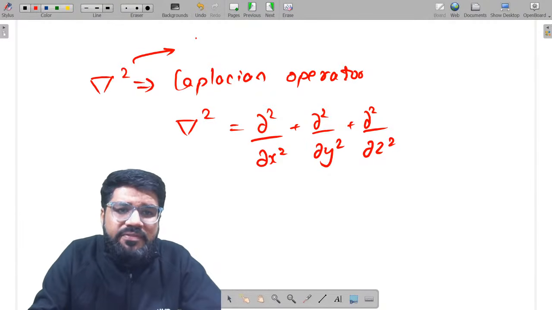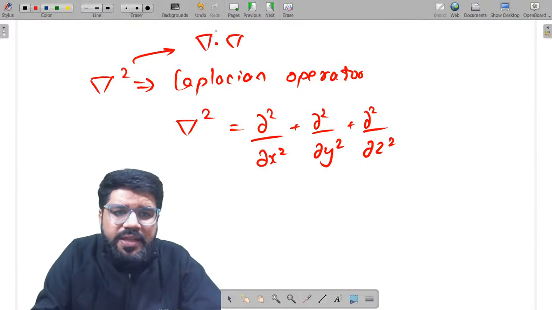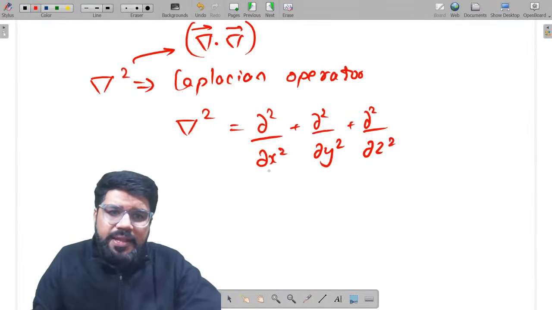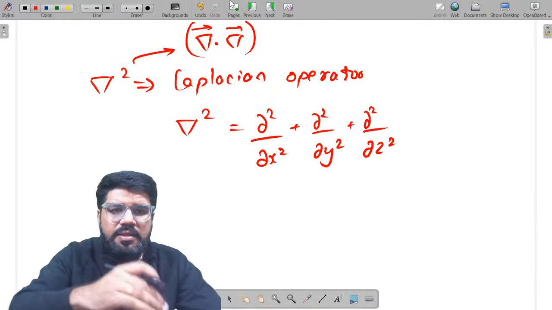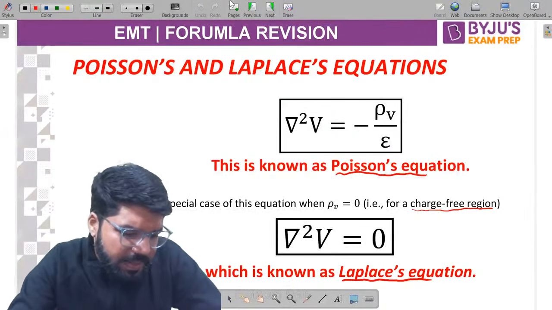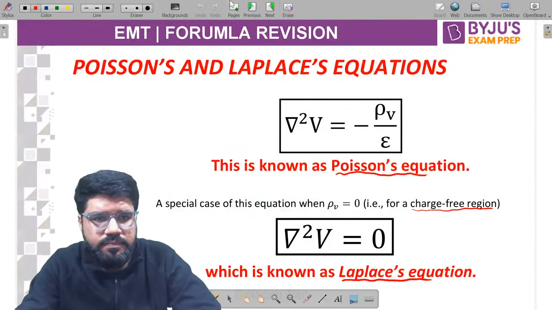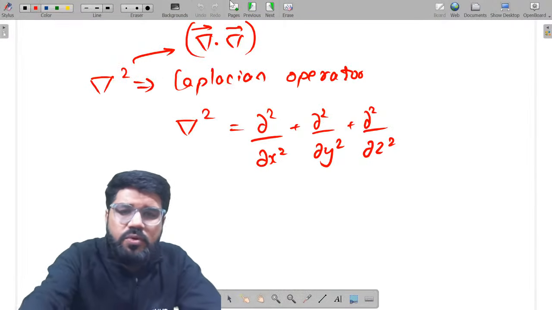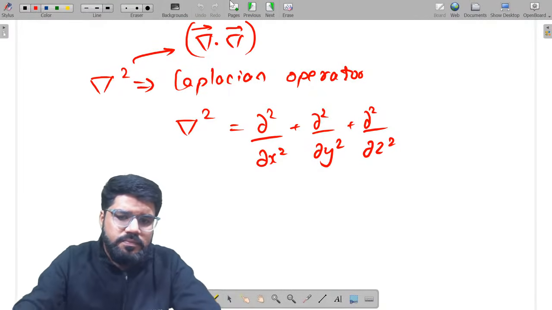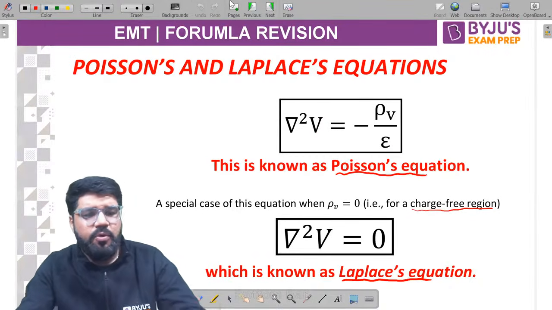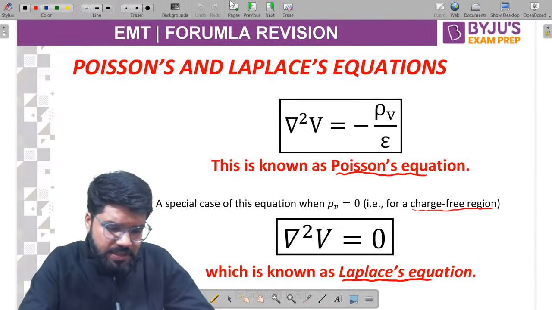Del square is represented as the dot product of del with itself, del dot del, and that is known as the Laplacian operator. Okay, and we have the Poisson's equation and the Laplace equation.